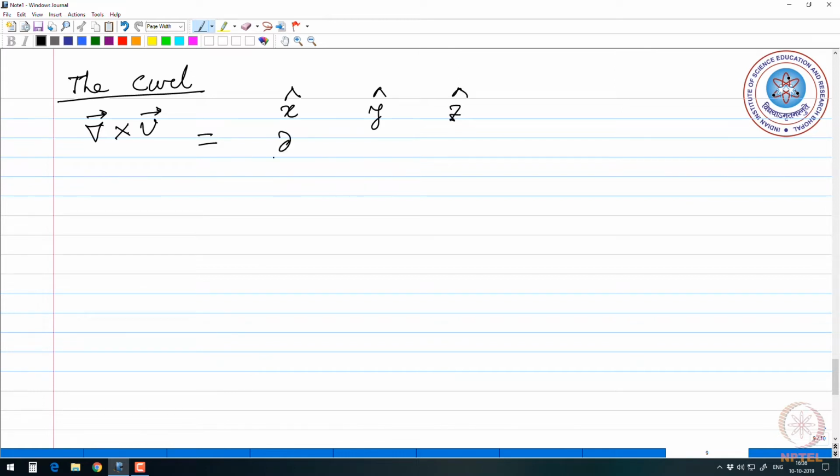Now let's consider the cross product, that is the curl. The curl is written as del cross V and is also represented just like the cross product operator in the determinant form: x cap, y cap, z cap; del del x, del del y, del del z; vx, vy, vz.